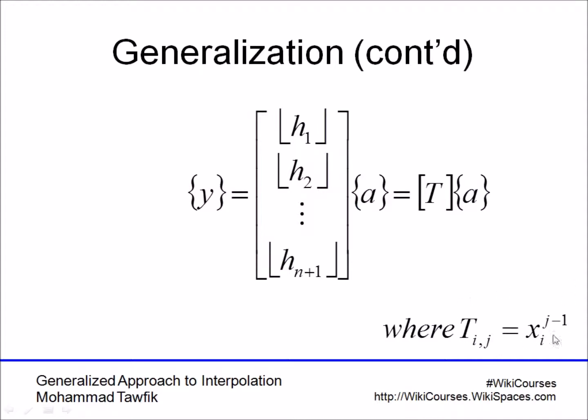Again, if you check any term, you'll find that i is the ith data point, and j minus 1 is the power that you're going to use in each of the columns of this matrix.